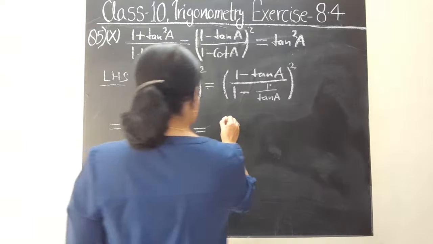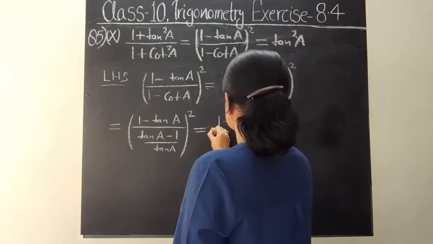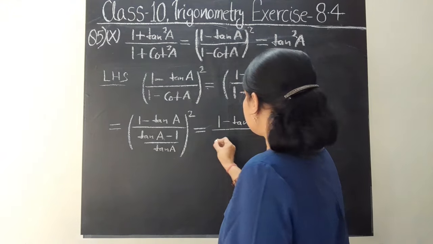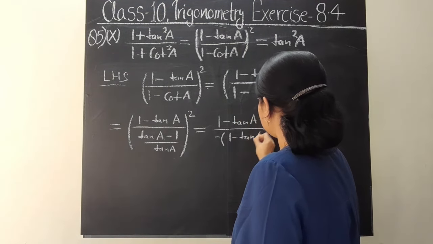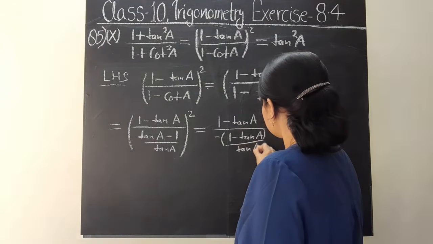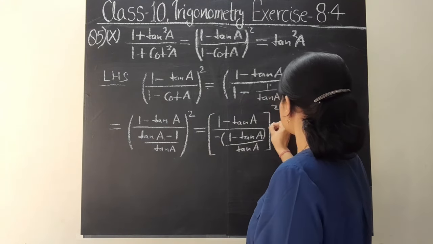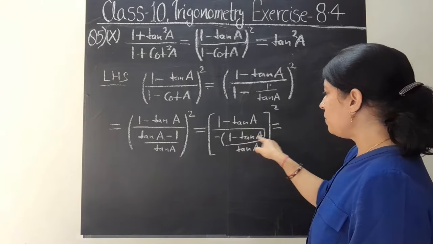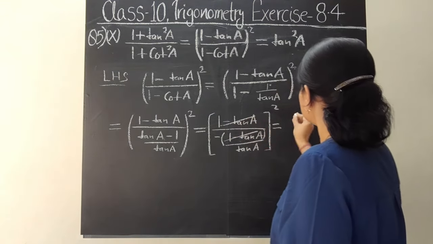Now write 1 minus tan a as it is, and here you can take common minus, so it will be 1 minus tan a, which is divided by tan a, and then write here whole square. Okay, so here it is 1 minus tan a, here it is also 1 minus tan a, so it will cut.